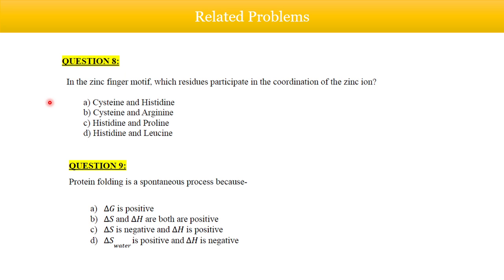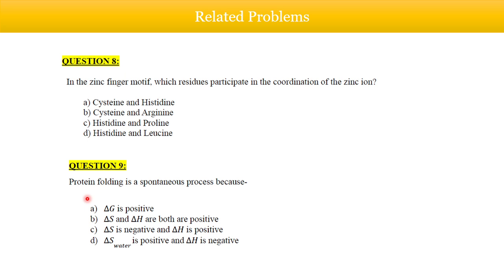Any idea about the zinc finger motif, or which residues play an important role? No? Okay. So option A is correct. Cysteines and histidines are mostly present for coordinating with the zinc ion in the zinc finger motif. There is nothing much to tell here because these are just two residues that play an active role. Okay, we go to the next one.